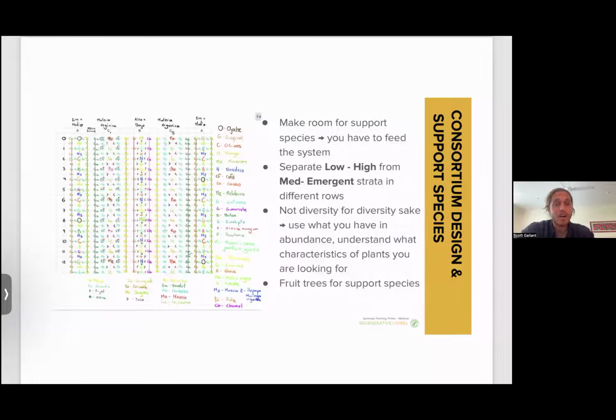You can see how many plants are located in a very small space. Outside of the target crops, what we're mostly doing is looking for support species. For those familiar with permaculture guilds and food forests, this will be a more familiar place.